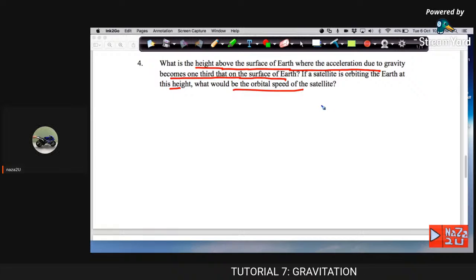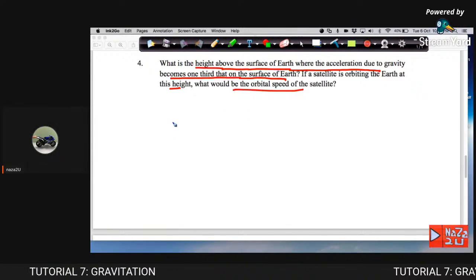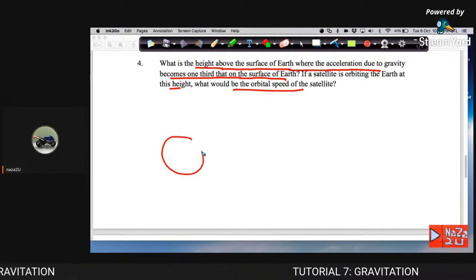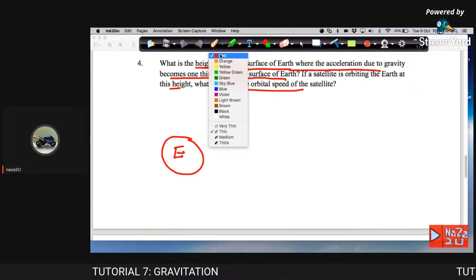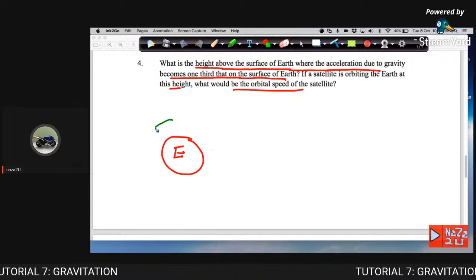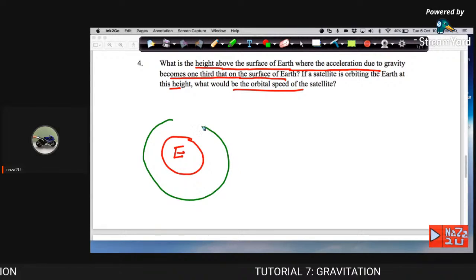Okay, so now to calculate the orbital speed, orbital speed meaning, let's say we have the earth and we have the satellite moving in the circular path.